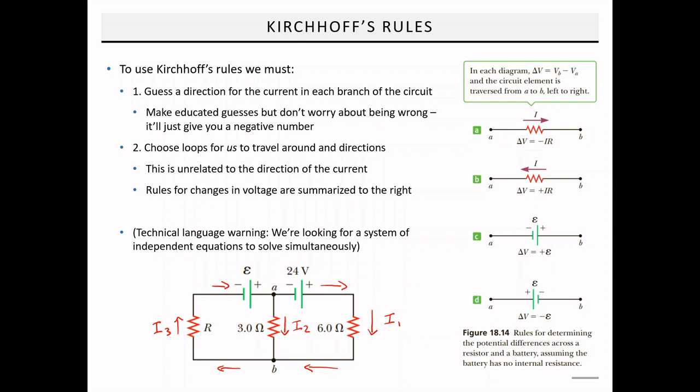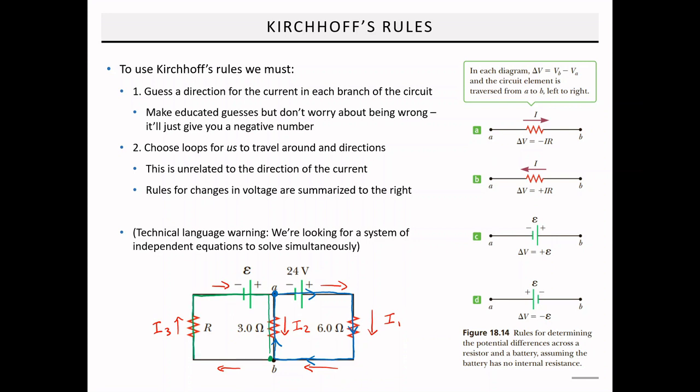You could choose a loop around the entire outside like we did previously, but in the next example, I choose a loop that starts at A and travels clockwise along the small loop on the right, and then I choose a second loop that starts at B and travels counterclockwise along the loop on the left.